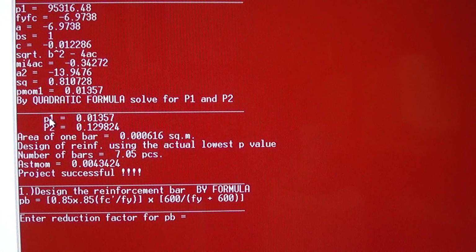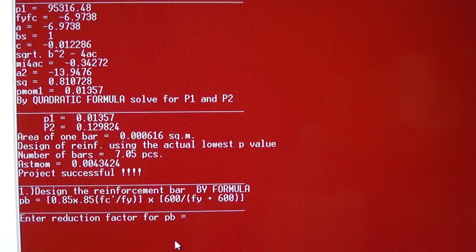And since both of these two are positive, you've got to use the smaller value, which is 0.01357 as the reinforcement ratio. So we have that, and this is by theory. This is the first design by theory.